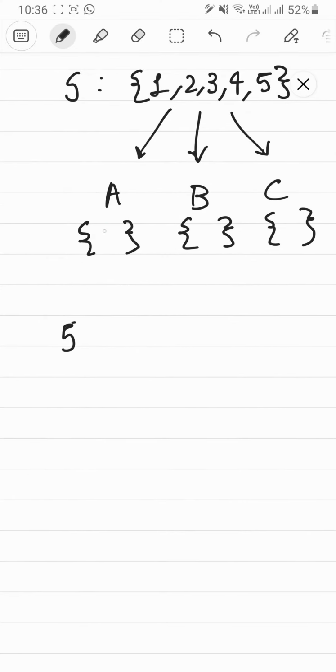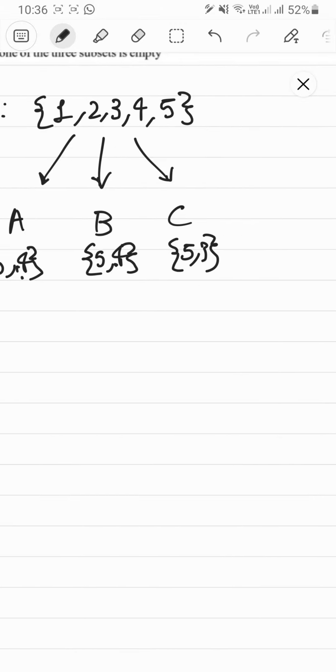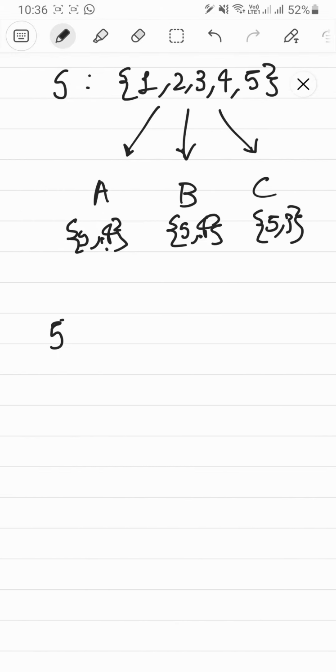So for example, A being 5 comma 4 and B being 5 comma 4 but C being 5 comma 3, it works because 4 and 4 are only common in A and B, right? C doesn't have 4, and that means 4 is not common with all 3 of them.